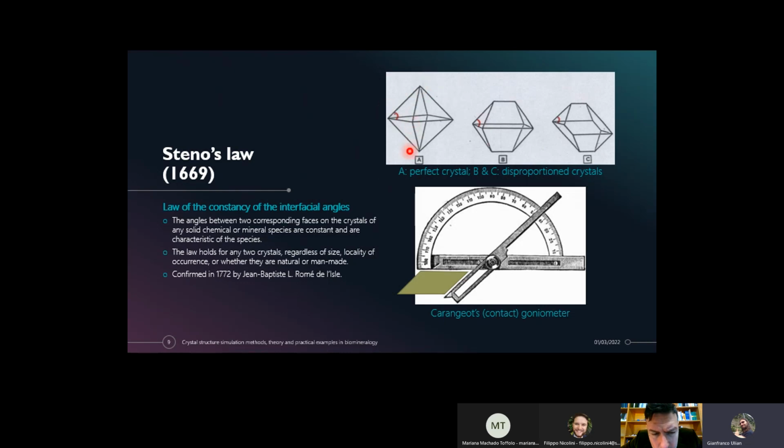In this case, the mineral is perfectly octahedral. But in nature, we could find disproportionate crystals. No matter what, the angles between the same faces are constant. And this applies to naturally occurring crystals and also to synthetic handmade crystals made by man.